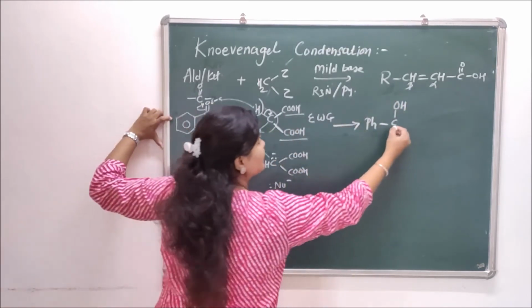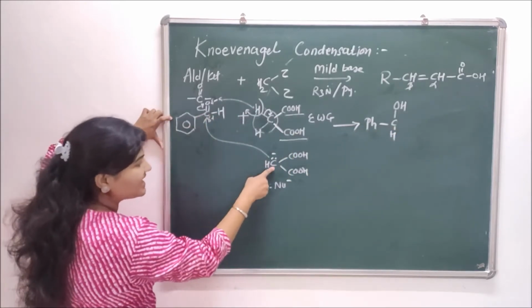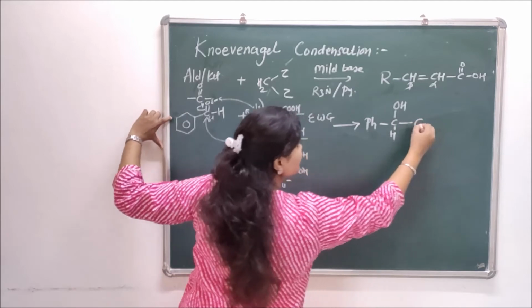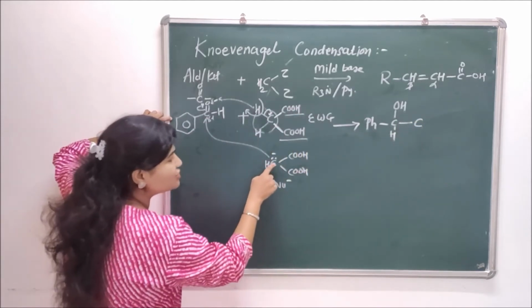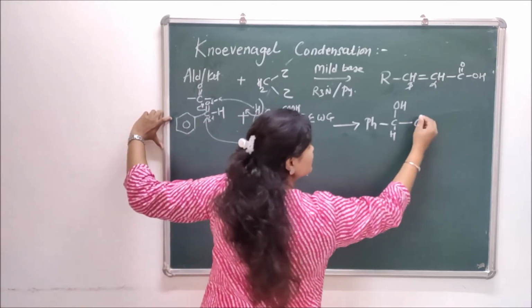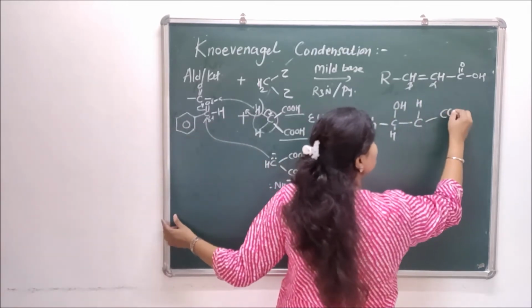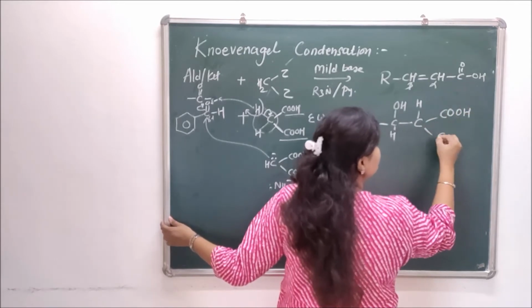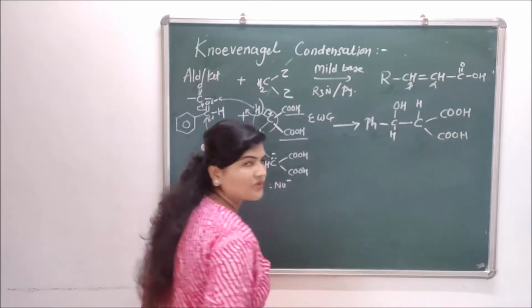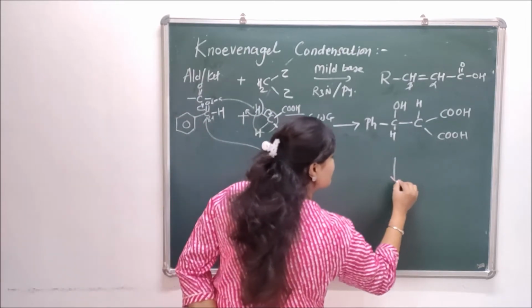Then you have this hydrogen attached to the carbon, and this carbon and this carbon will form a new bond here. Now this carbon has utilized these two electrons to form a bond with carbon. This carbon also has one hydrogen and it is attached to two COOH groups. Okay, fine. Now what happens in the next step?